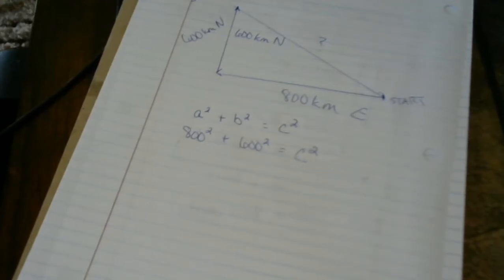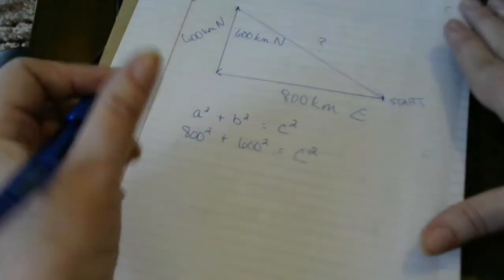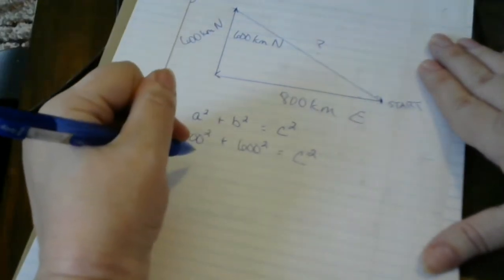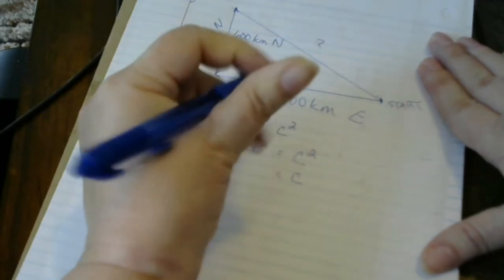Now, so we want to make 800 squared plus 600 squared, and that's going to equal c squared.